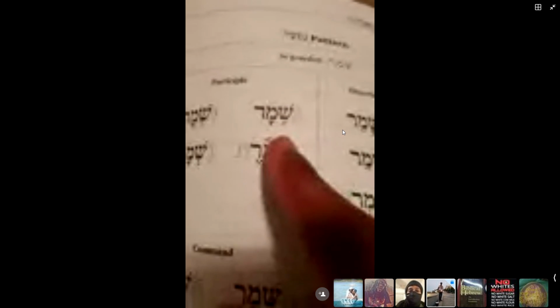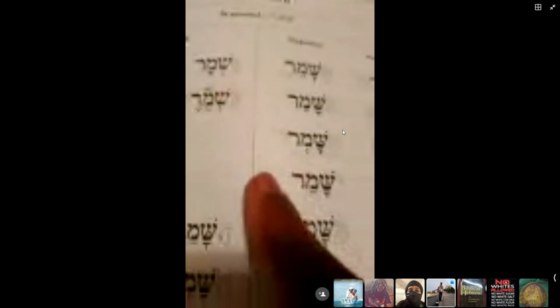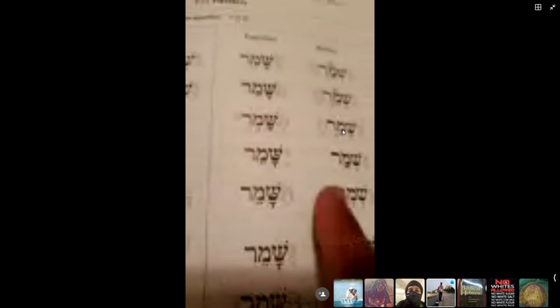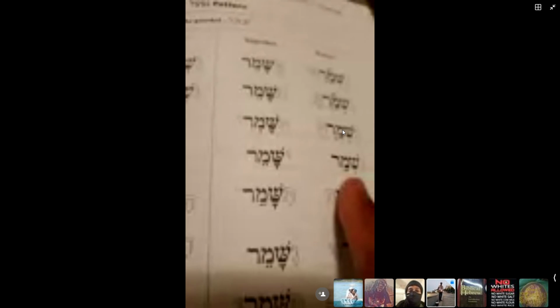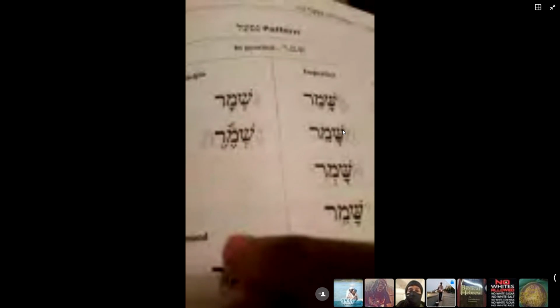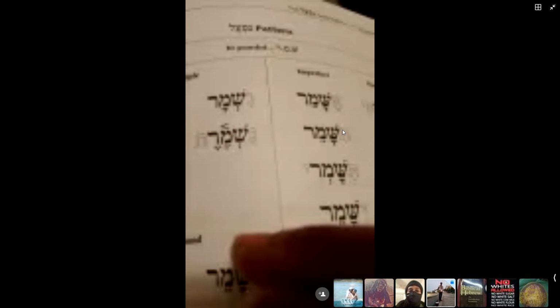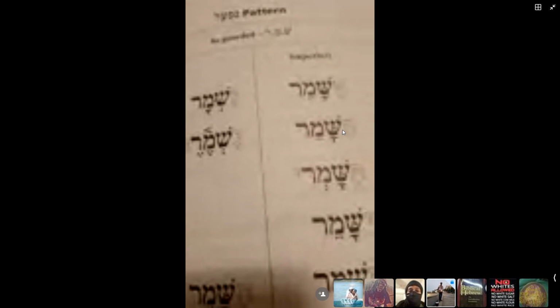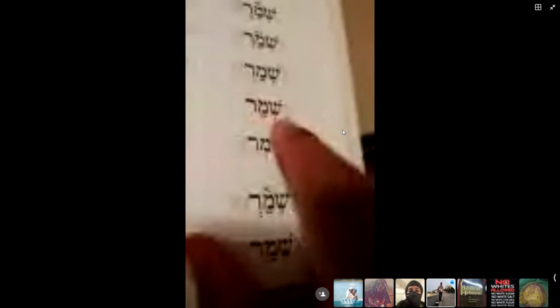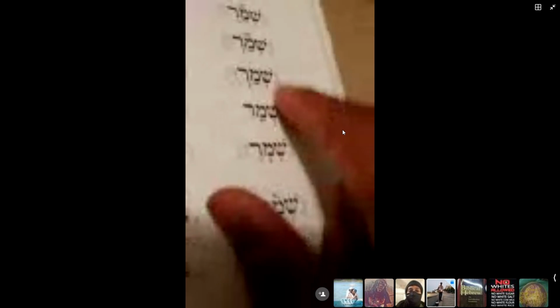So, of course, you have Nishmar, which looks like your Nishmar over here for your past tense, with context in conversation or in the narrative of the story letting you know. This is referring to being guarded. If somebody is currently being guarded, or it's referring to something past, it's like he was guarded. You know what I mean?